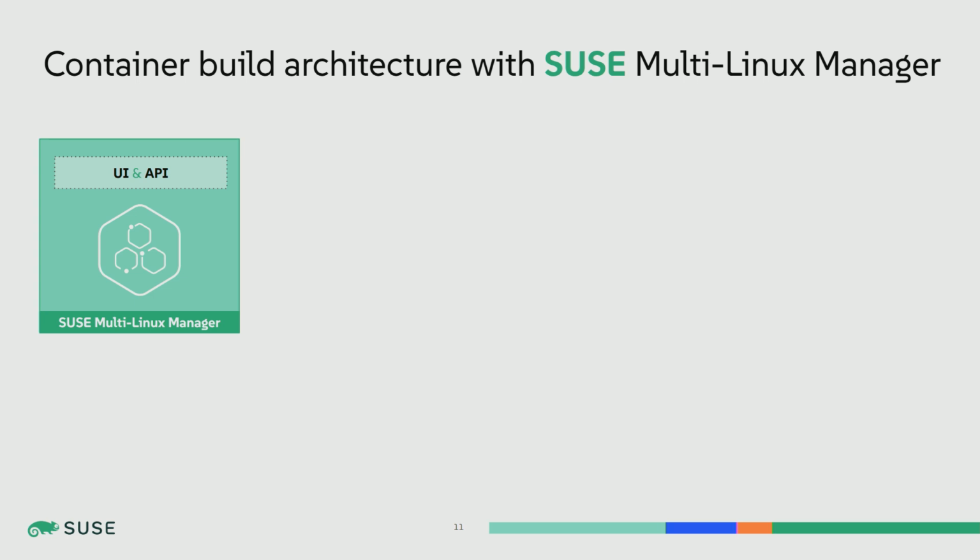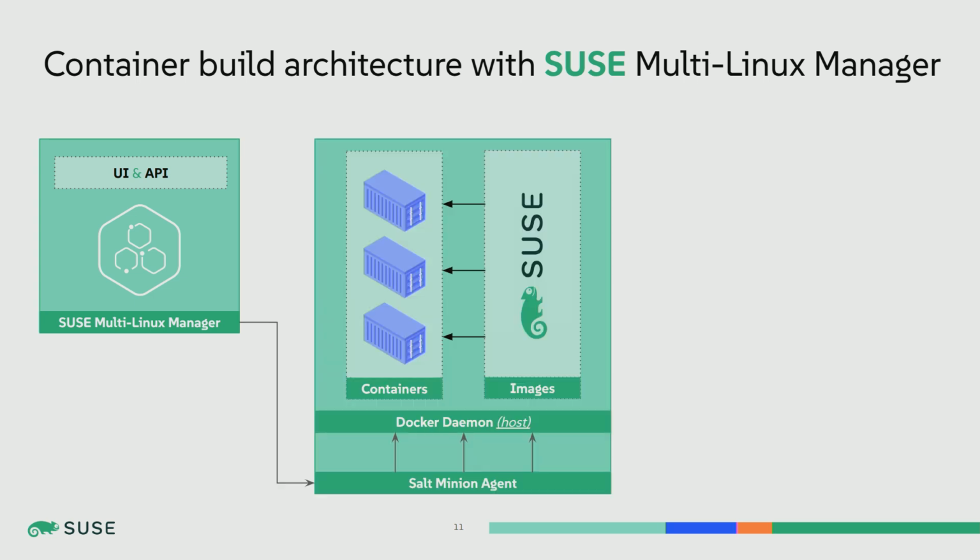So you will have SUSE Multi-Linux Manager as a client, and this client, based on a UI click or API automation, etc., will trigger a build, and this build will happen on a Docker host or container host, which is registered within SUSE Multi-Linux Manager. To achieve this architecture, you will need to define a dedicated host that will be registered as a container host within SUSE Multi-Linux Manager. And I'm going to demo that later.